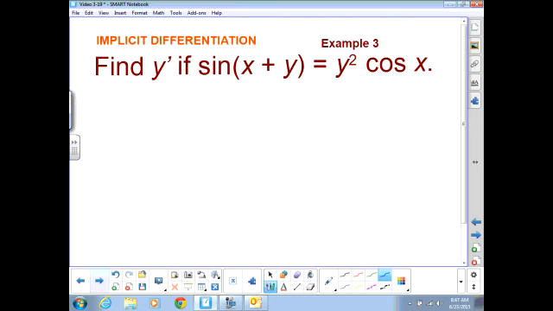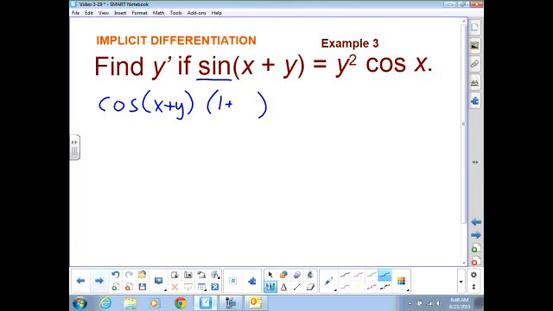So we'll look at another implicit differentiation example. We have sine of x plus y. That's going to be a chain rule case. So our outer function is the sine. Derivative of sine is cos, keeping the inside the same. But then we've got to multiply by the derivative of the inside. Well, derivative of x is just 1.